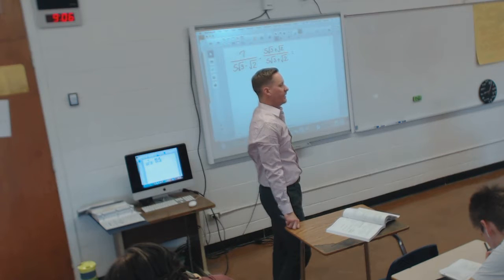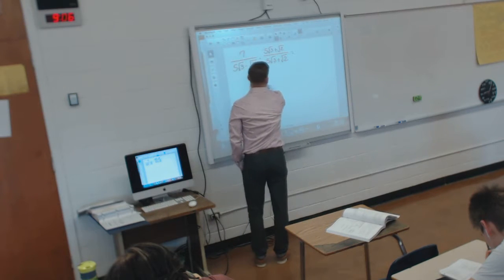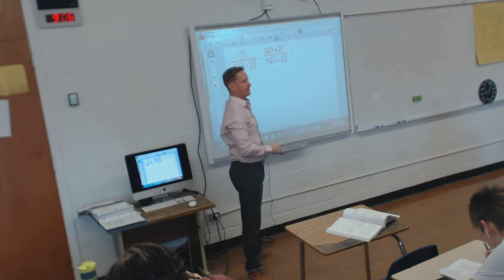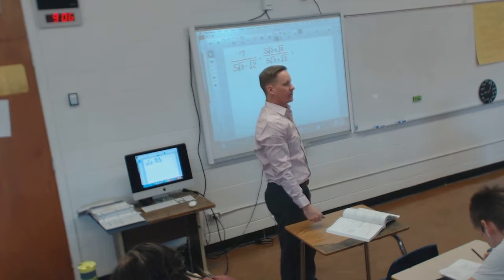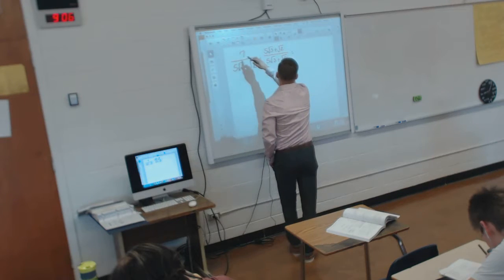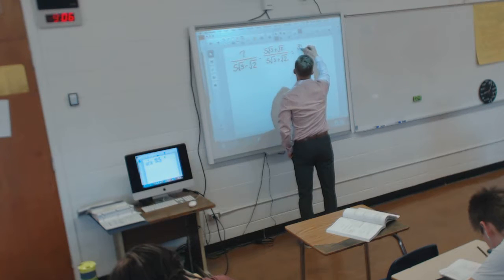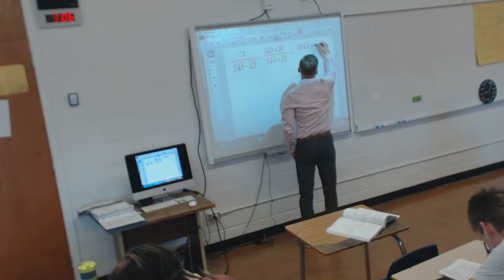Because what is that going to give me? When I take a subtract b times a plus b, it's going to give me a squared subtract b squared, which then gets rid of my square roots. So in this case, I have 7 times that is 35 root 3 plus 7 root 2.